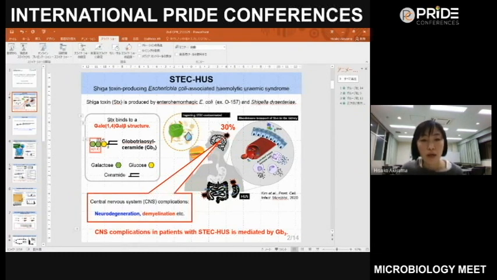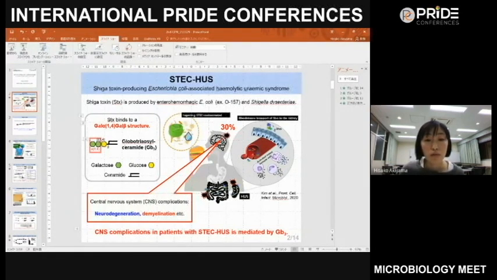30% of STEC-HUS patients develop central nervous system, CNS, complications, resulting in neurodegeneration and demyelination. It has been reported that the glycolipid globotriaosylceramide, GB3, causes the CNS complications.